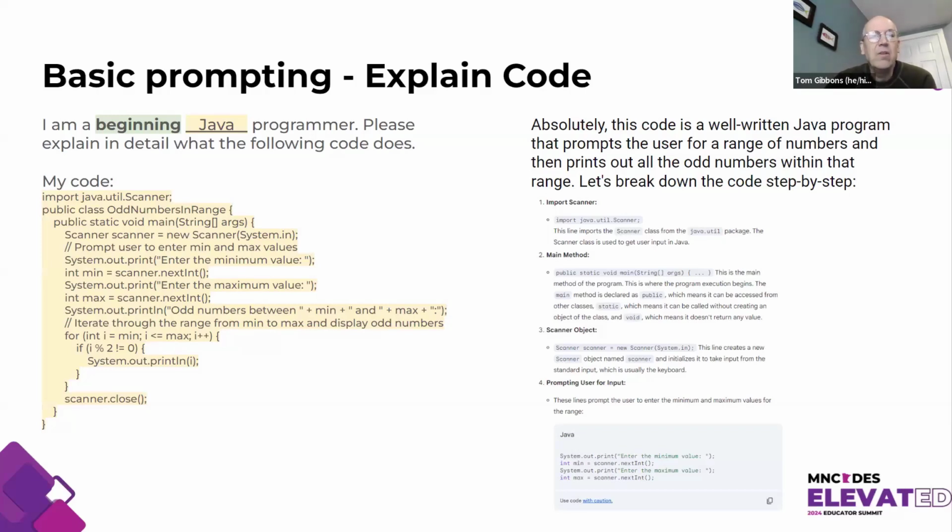Here we're having it explain the whole thing, but often you can paste in the whole code and then ask it to explain one part of it. On the right side are the examples of what it prints out, and it does a fairly good job at explaining these methods.